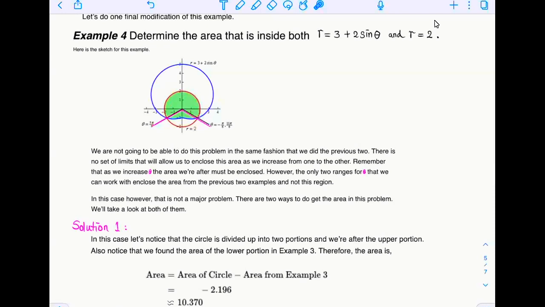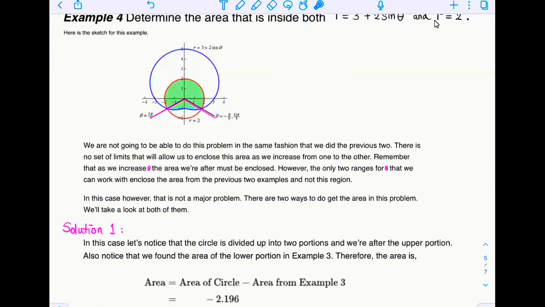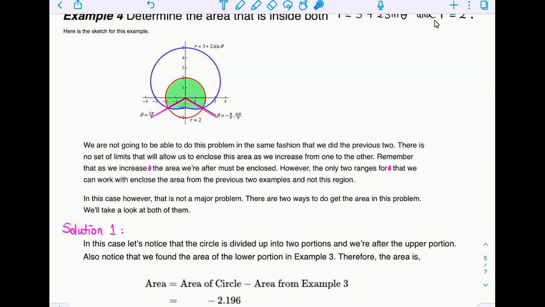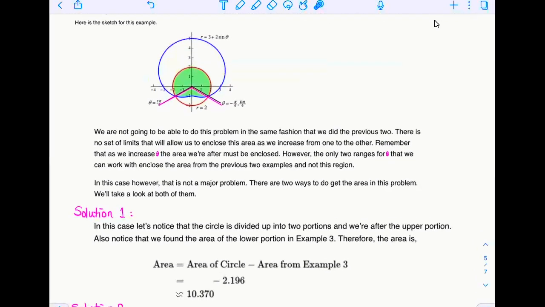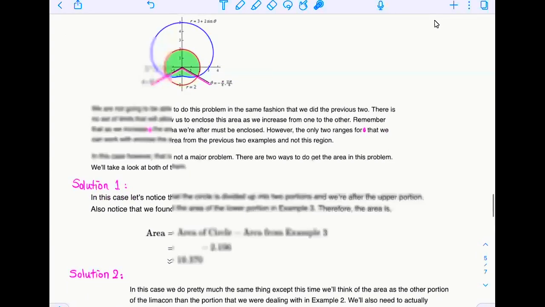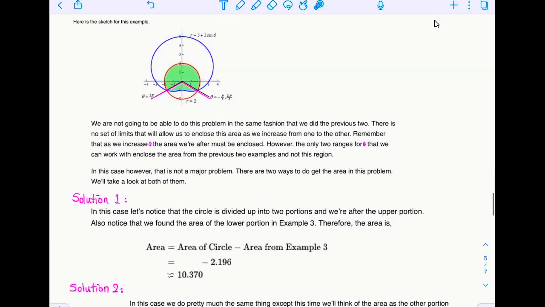But this part down here, like a mustache, theta goes from 7/6 to 11/6. So this whole highlighted area cannot be represented with just one single integral. So there are two different ways to find this area.